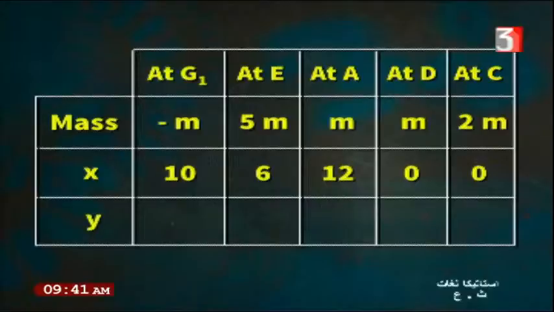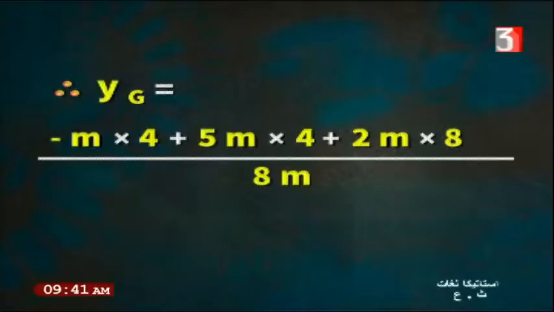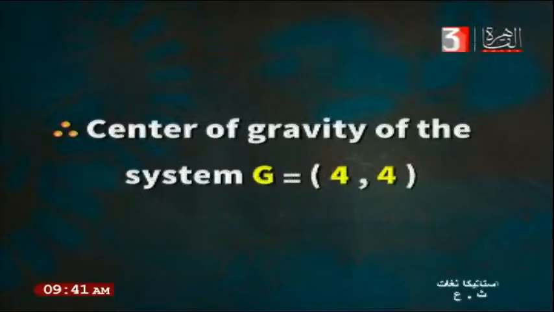Y coordinates: 4, 4, 0, 0, 8. Therefore, xg equals, by the method, negative M times 10 plus 5M times 6 plus M times 12, over 8M, equals 4. Yg by the same method equals 4. Then we deduce that the center of gravity of the system is (4, 4).